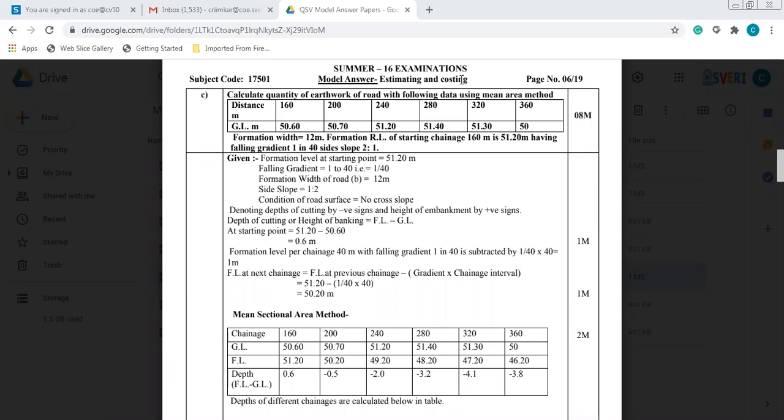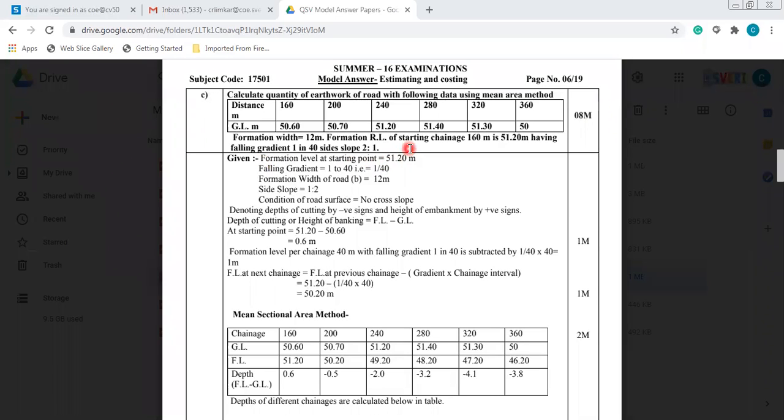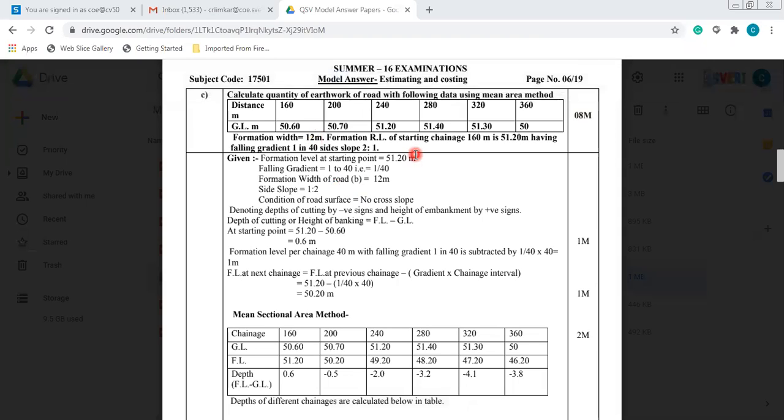So the formation level at the starting point is 51.20. Formation width is given as 12 meters. Then the RL of the starting chain at 160 meters is 51.20.